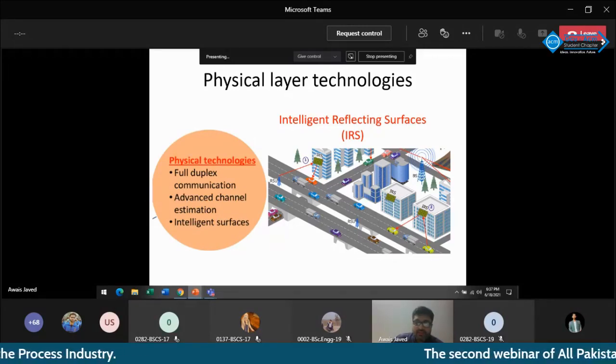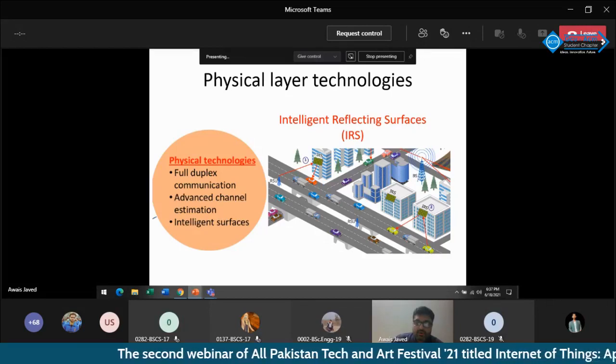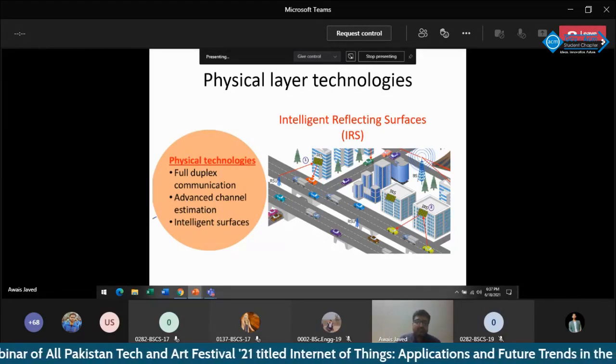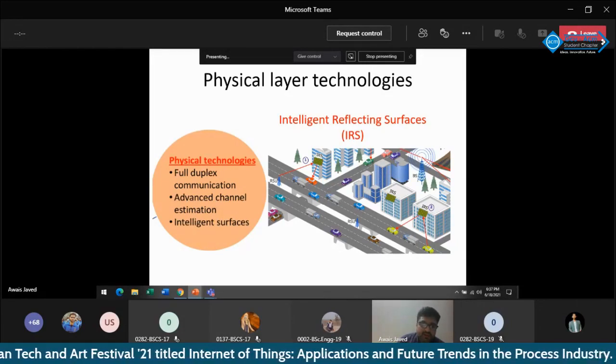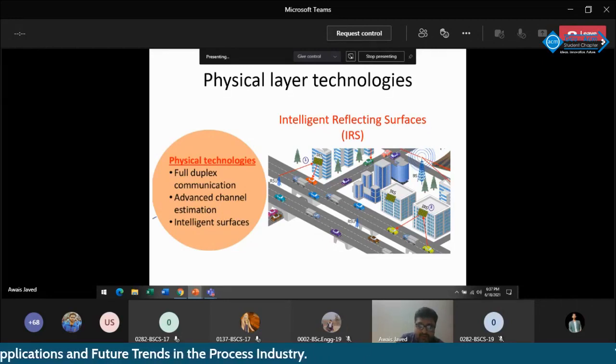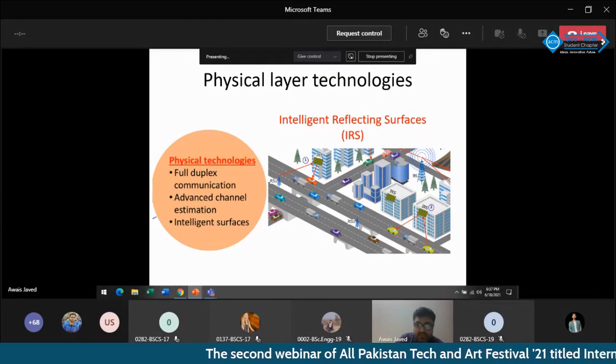A very interesting technique which is very popular these days is intelligent reflecting surfaces. The concept of IRS is shown in this figure. They are basically artificial passive elements. They can reflect the incoming wave with certain phase and magnitude towards the receiver.